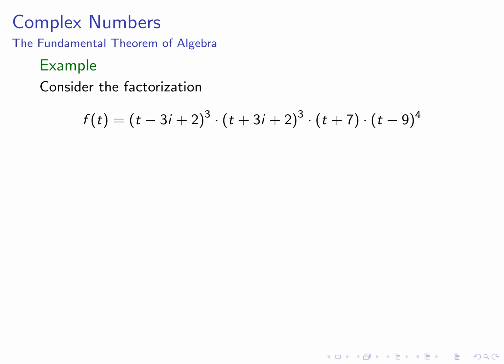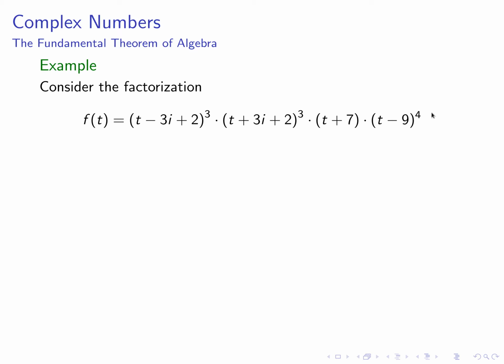So let's look at a particular application of the fundamental theorem of algebra. Here, I've defined a polynomial in terms of its factorization. So here I have a polynomial f of t, defined as (t minus (3i plus 2)) raised to the 3, multiplied by (t plus (3i plus 2)) raised to the 3, multiplied by (t plus 7), multiplied by (t minus 9) to the 4th.